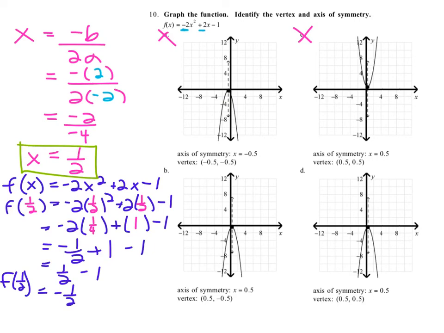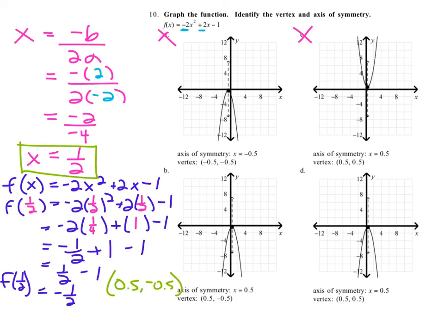So we have a point that is 1/2, otherwise known as 0.5, comma, -1/2. And I say 0.5 because you can see that's what they're using. So I'm going to write that here in the middle. We've got a point of 1/2 or 0.5, comma, -1/2 or -0.5.